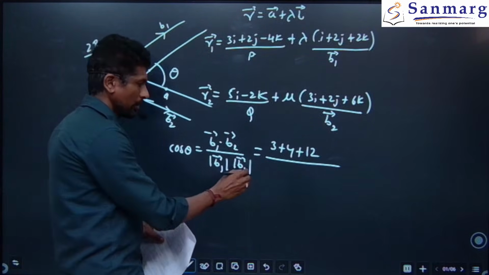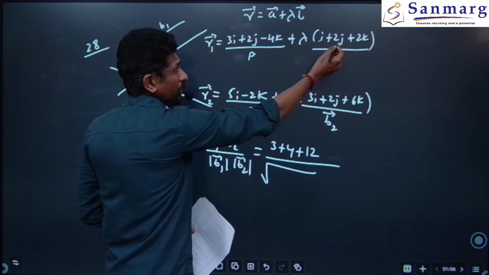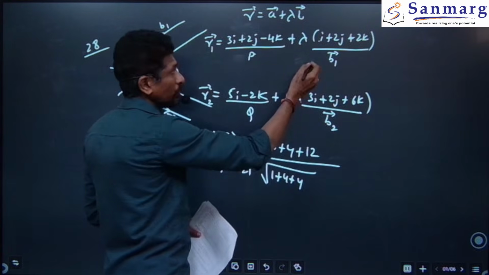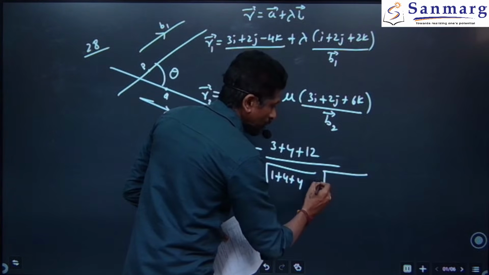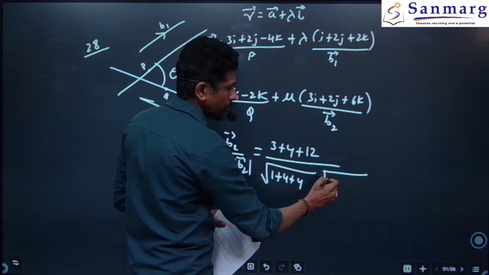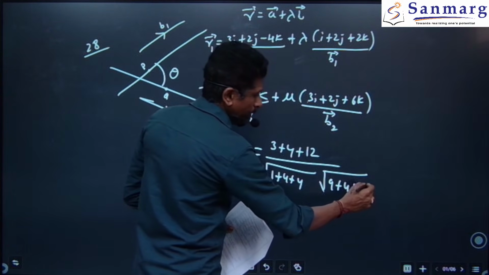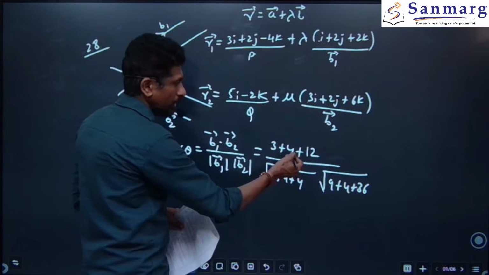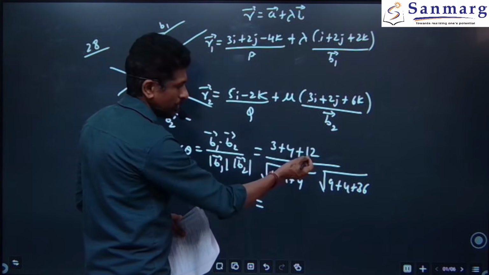Next, modulus of b1 becomes root of 1 plus 4 plus 4, because 1, 2, 2 is there. The second one, the same thing: root of 3, 2, 6 squared and summed, means 9 plus 4 plus 36, is the modulus of b2. Adding the numerator, the answer is 19.